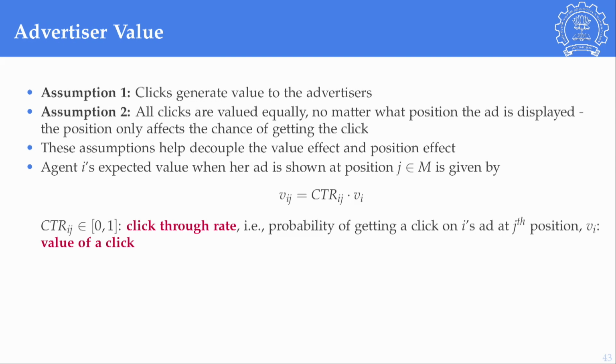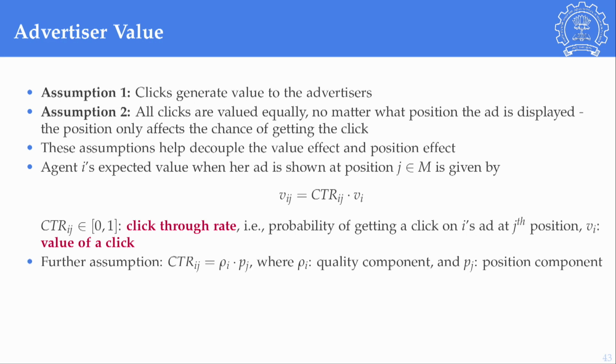So the total value for showing the ith ad in the jth slot is this product. It is separable in that way, and when this CTR realizes, then this v_i is the valuation that you get.